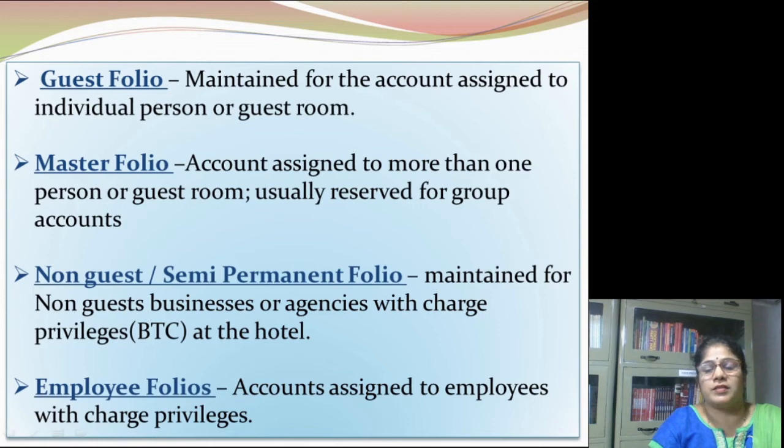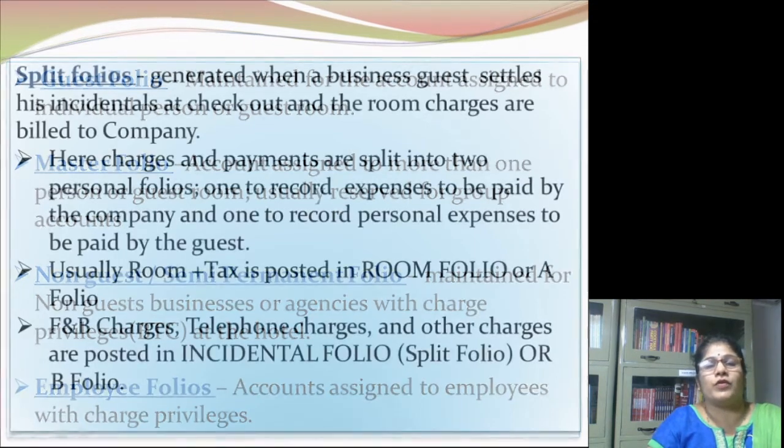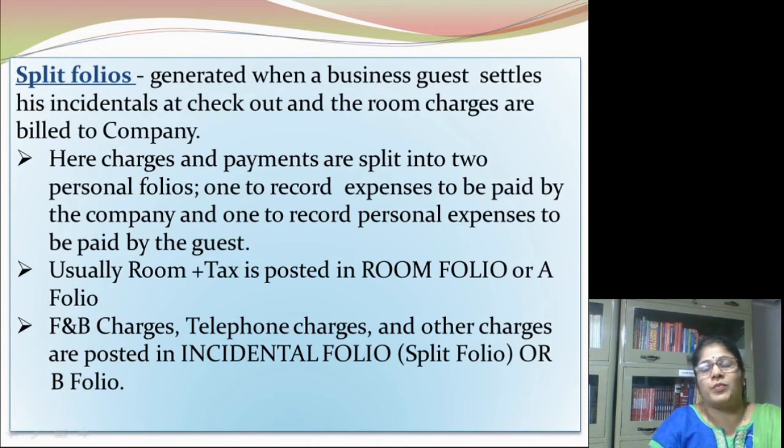The next category is split folio. Well, in fact, split folio is an offshoot of the master folio, or also an offshoot of the non-guest folio. Here what happens is when a business guest settles his incidents at the time of checkout and the room charges are billed to the company. So as you know, when we initiated the folio, we started with the room rate entry into it.